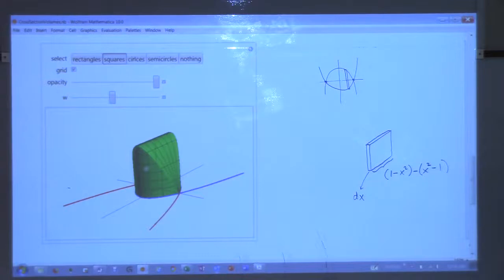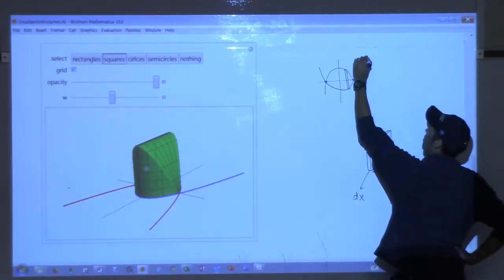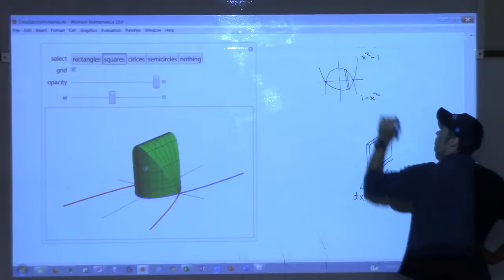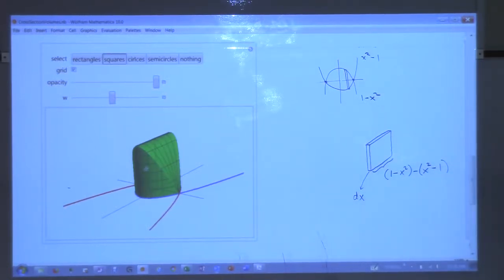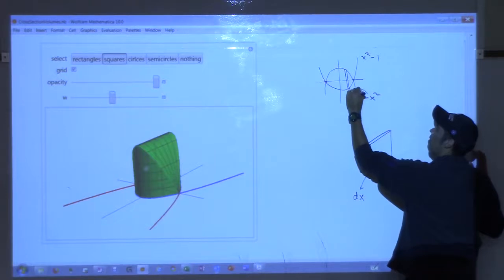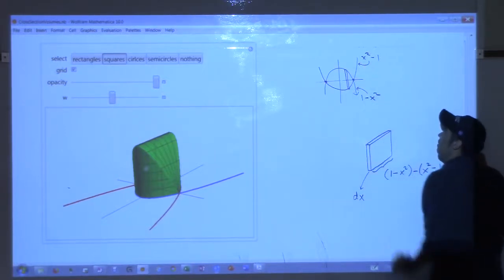All right, so this top one, this one right here is x squared minus 1, and the one that comes down is the 1 minus x squared. Oh. Did I? Oh, yeah. Yeah, it looks weird because that one's on the bottom, but yeah, this one goes with that one, and this one goes with that one.